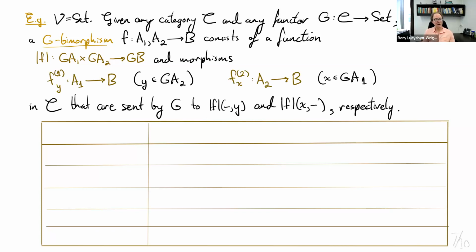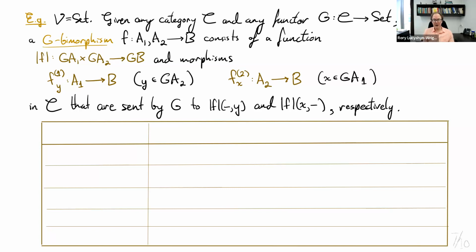So on the left, we have morphisms f sub y super 1 going from A1 to B, and we want a morphism like this for each y in G at A2. And this should witness that the given map is a C morphism in its first variable for each fixed element y of G of A2.